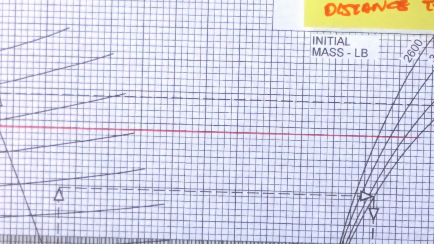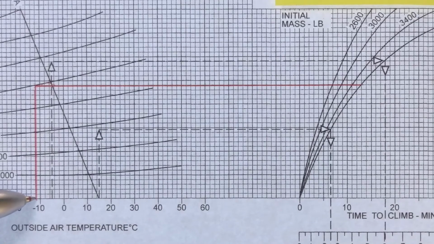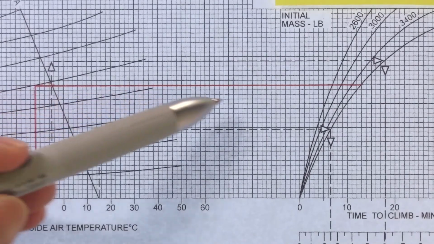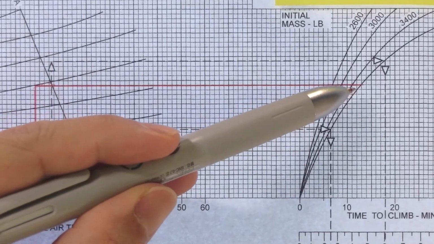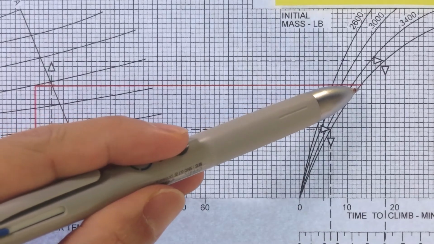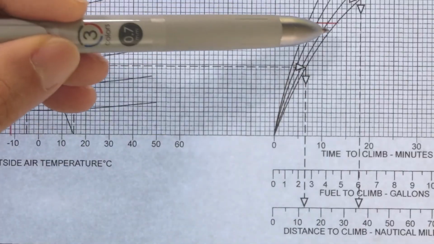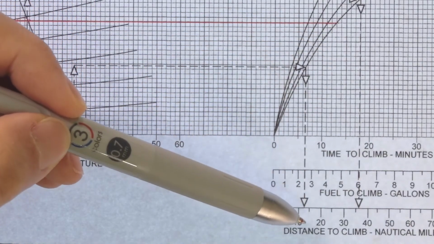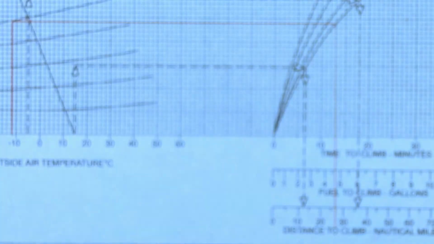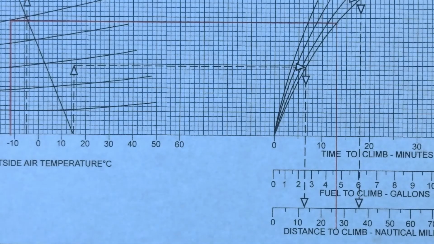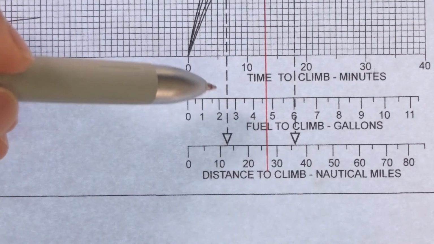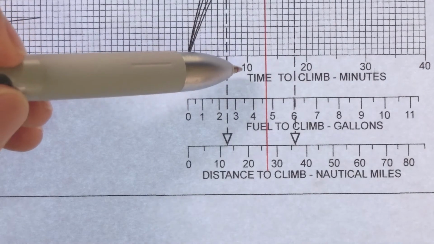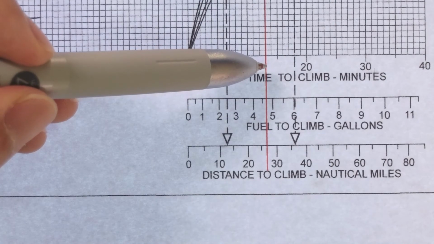So we've gone from minus 12 degrees Celsius climb to 10,000 feet and we move across to the initial climb mass of 3,650 pounds. And now we simply extend the line down to meet our time, fuel, and distance to climb scales. And we arrive at a time to climb of 10, 11, 12, 13 minutes.